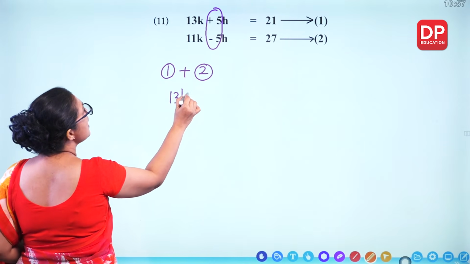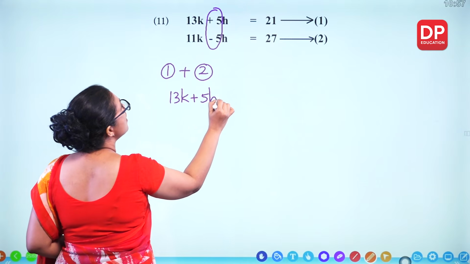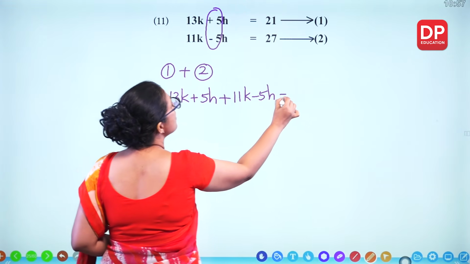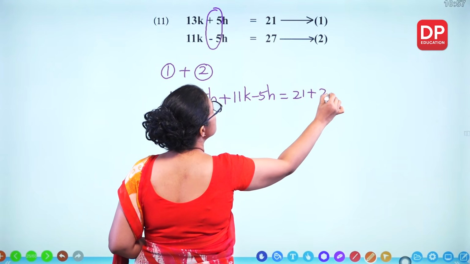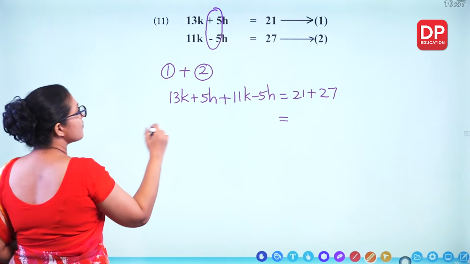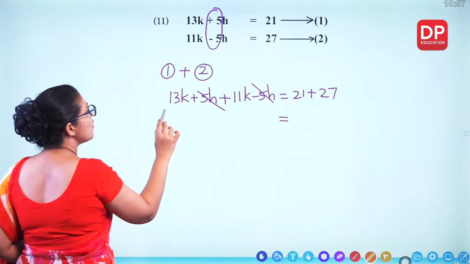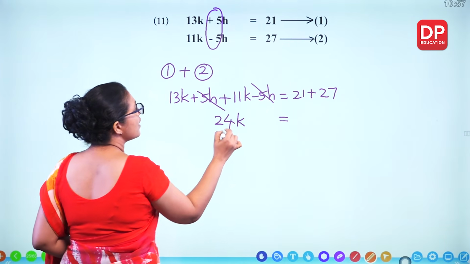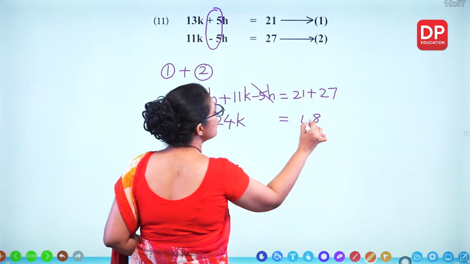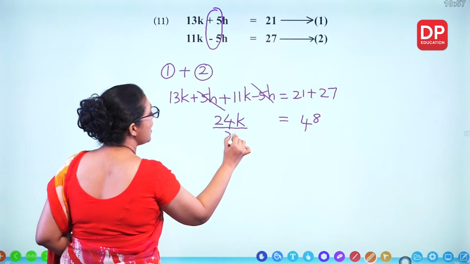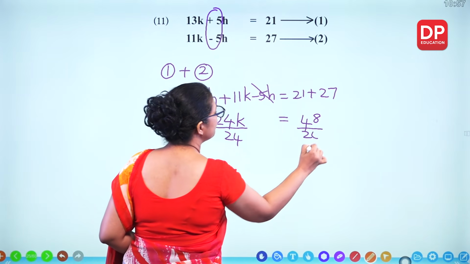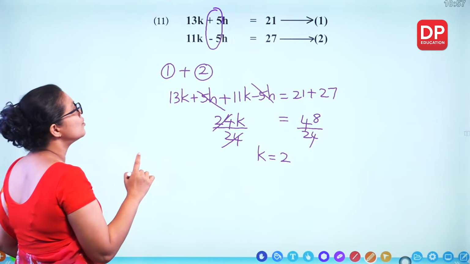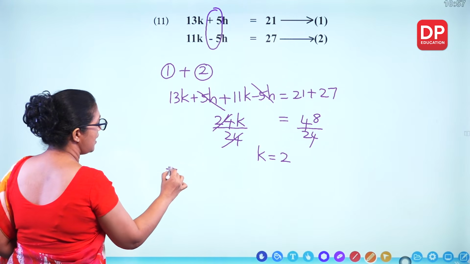So 13k plus 5h, add 11k minus 5h, equals 21 plus 27. 5h gets cancelled out. 13 plus 11, you get 24k is equal to 48. Divide by 24. k equals 2.